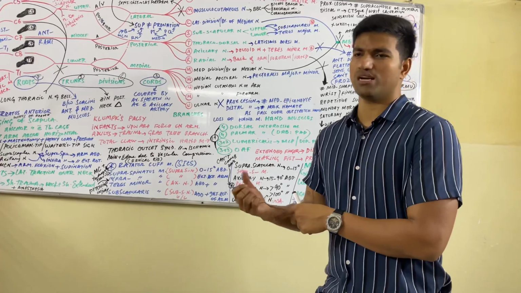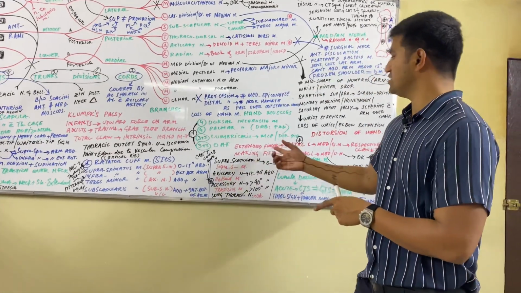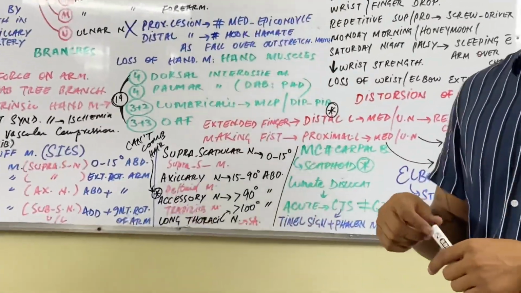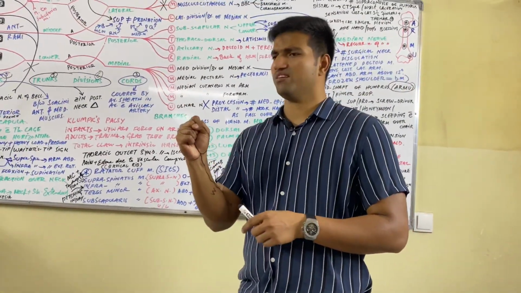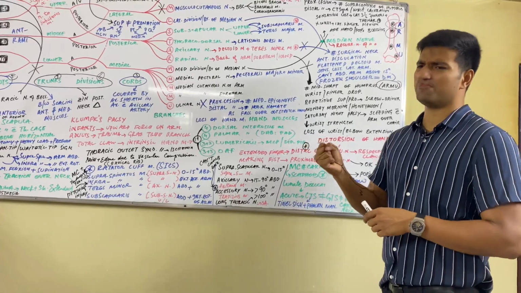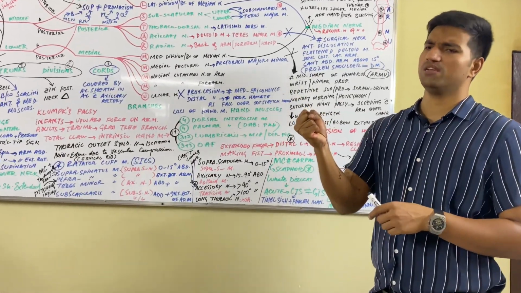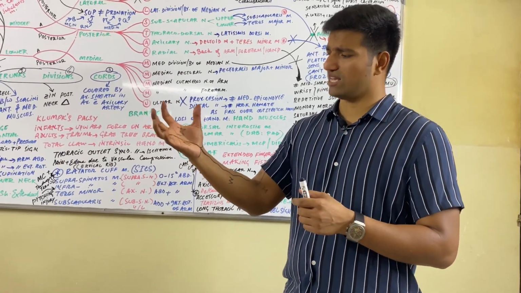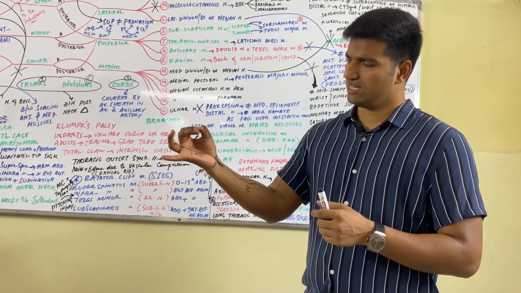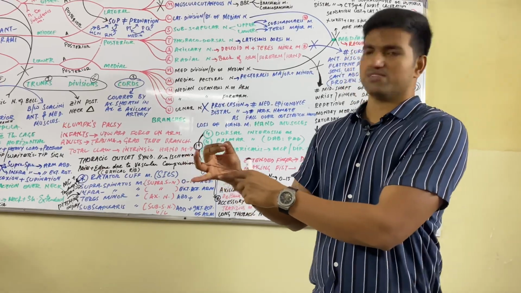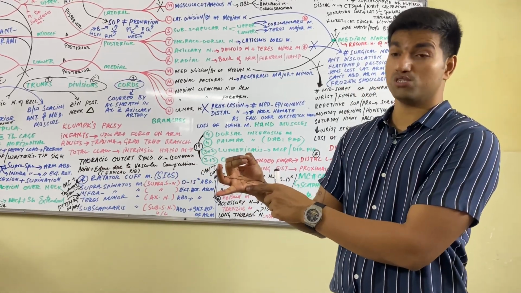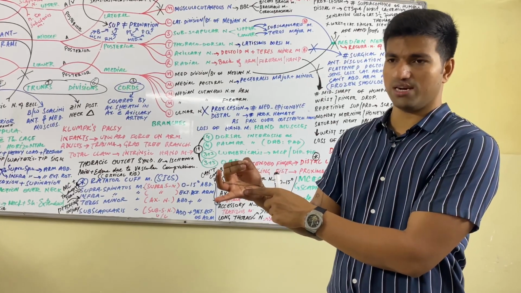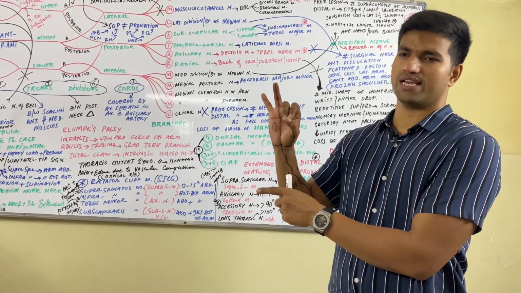If I tell a patient to extend his fingers, it is for the distal lesions. To check the proximal lesions, we command the patient to make a fist. What will happen if you do it like this? It means normal. If the patient does like this, it means the ulnar nerve is damaged: a proximal lesion of the ulnar nerve, the claw gesture.